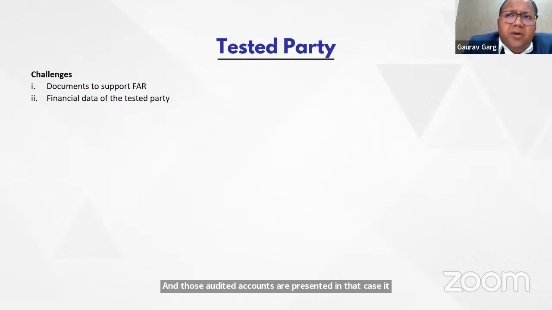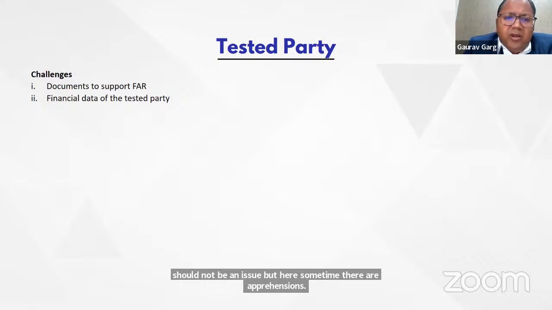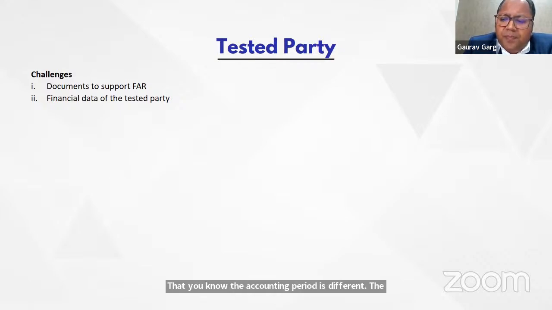But yes, sometimes there are apprehensions that the accounting period is different. The accounting period wherein the tax assessment is going on is different, and the accounting period of foreign associated enterprises is different.